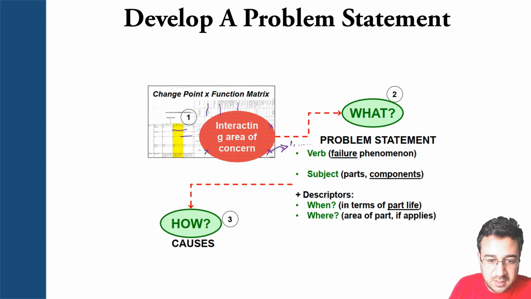Then you describe when and where, in terms of part life and in terms of area of the part, that applied to that specific concern. So in short, you're trying to be as specific as possible in developing your problem statement. That's where you start. The moment you start developing your problem statement is at the point where you reach your change matrix and you identify potential and future concerns, or even a confirmed concern.